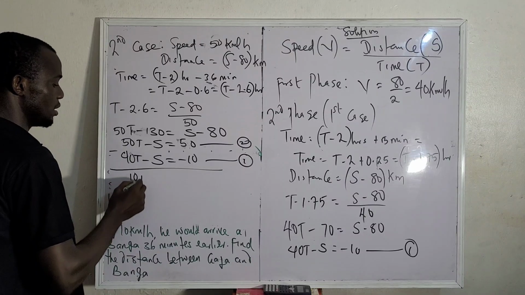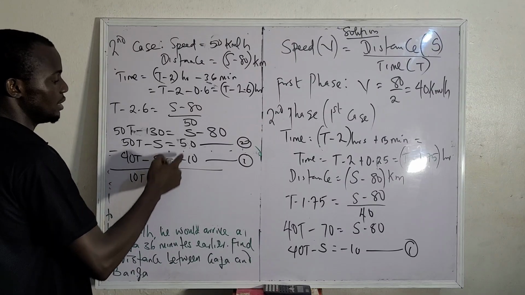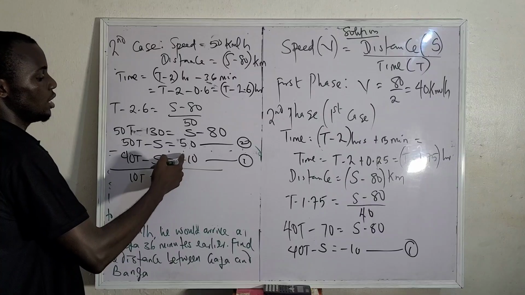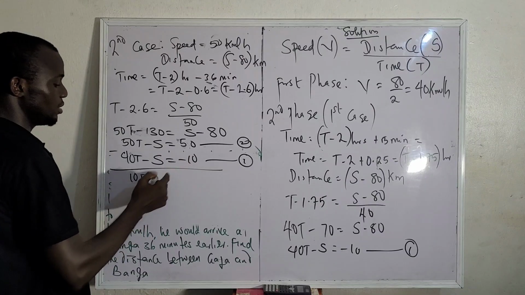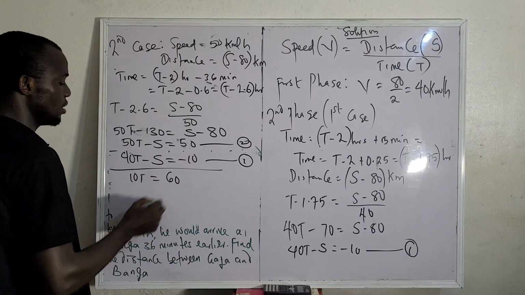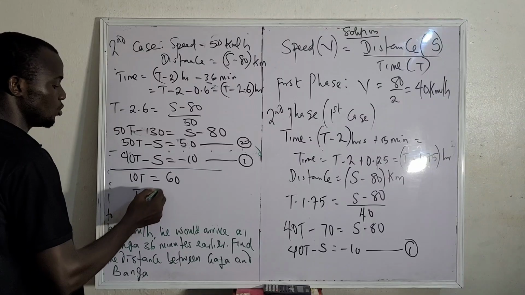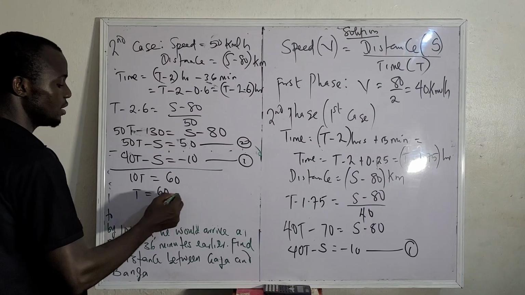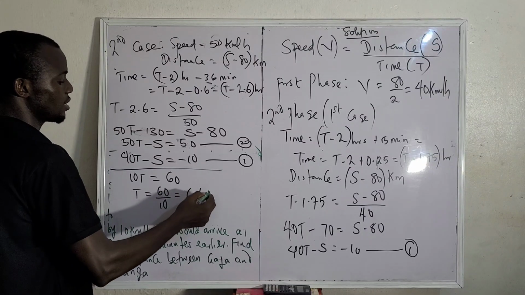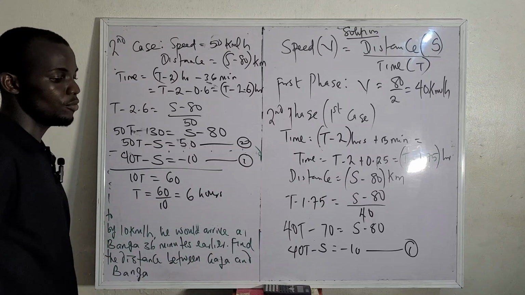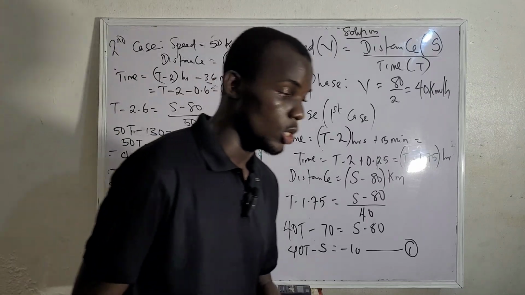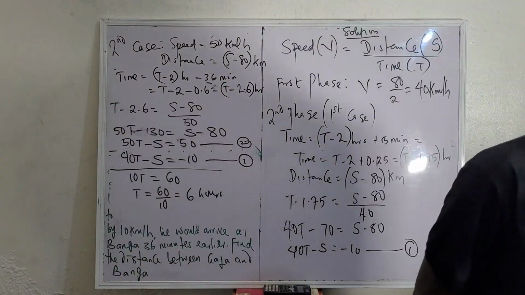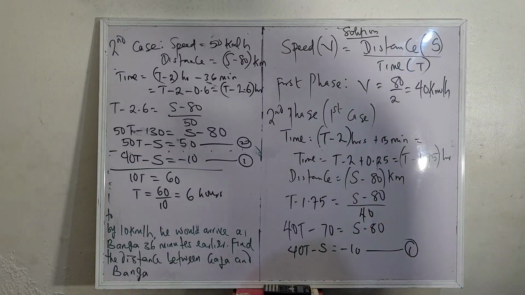This will be 10t, this will be 0, and this one, if you subtract minus 10, that will be positive. So this is 60, and clearly t equals 60 divided by 10, and that is 6 hours. So the time for the entire journey will be 6 hours.